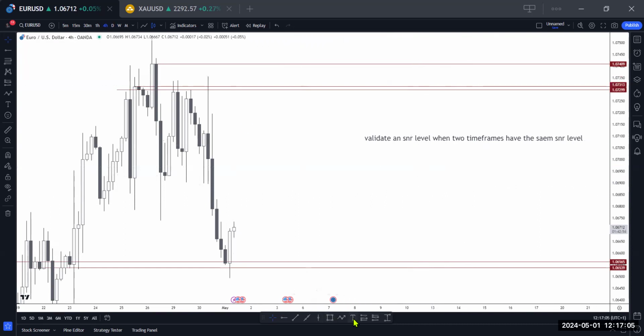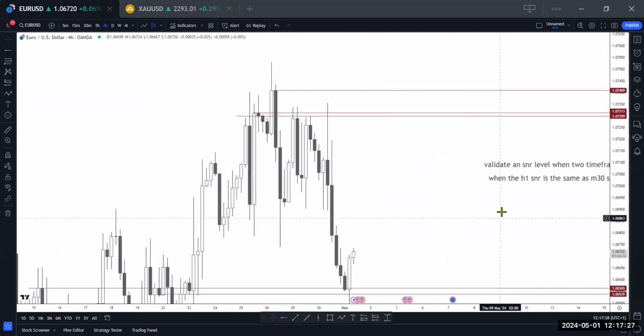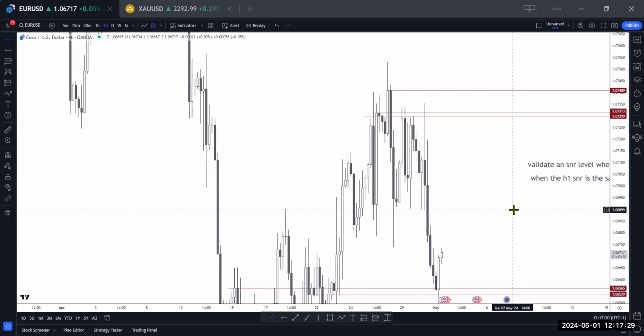For example, when the H1 SNR is the same as the M30 SNR. This is also another way to validate your SNR level, when you have two time frames having the exact same SNR levels.